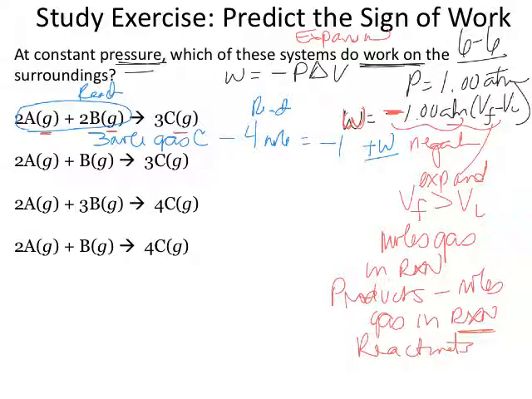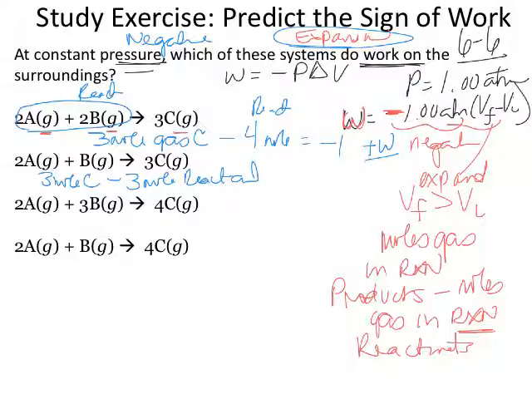That would end up being positive work. And we want work on the surroundings, so we need a negative work. We're looking for negative work. So it's not the first one. Okay, the second one, 3 moles of C gas minus, with our reactant, 3 moles of reactant gas. That equals 0. Well, then your work is going to equal 0.